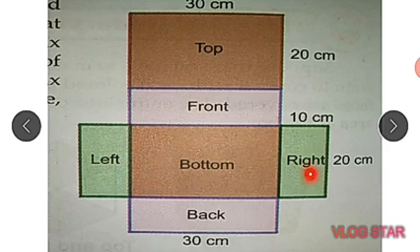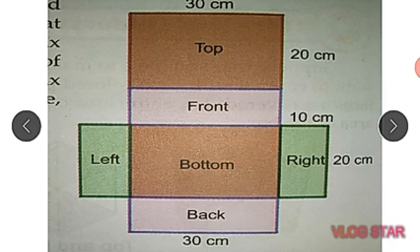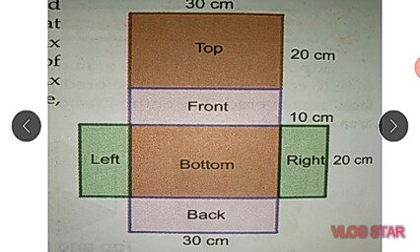This is the left and right faces, back and front. Then here is the bottom and top. Actually, the front, back, left, and right faces are the lateral faces of a rectangular prism. Lateral faces exclude the top and bottom faces.